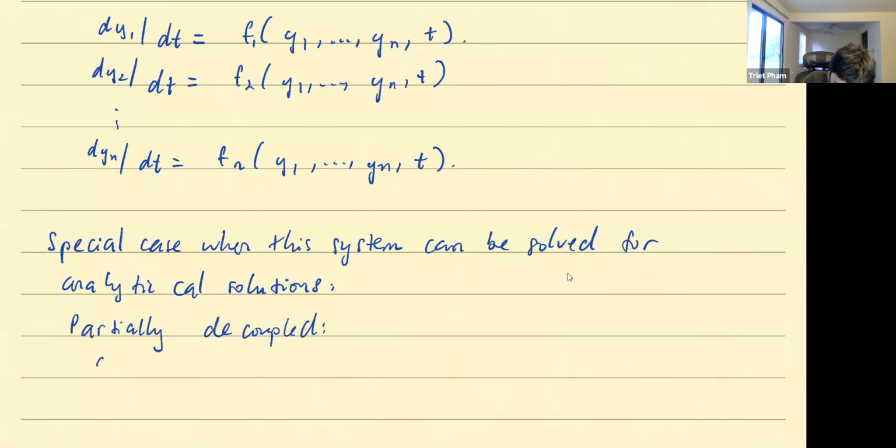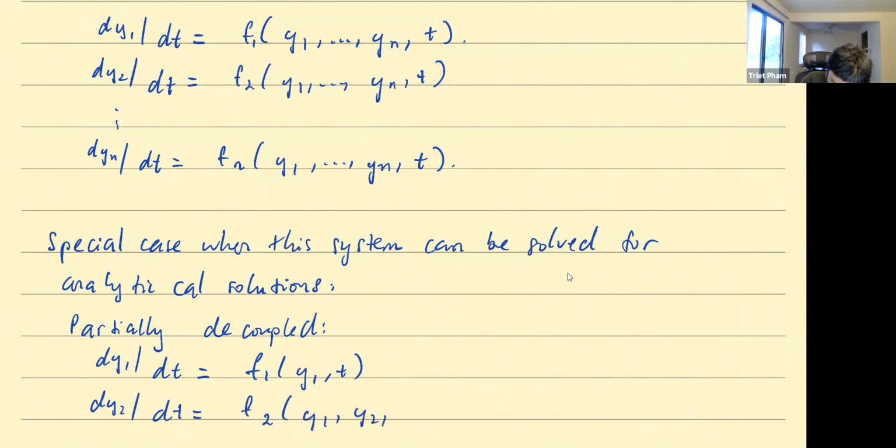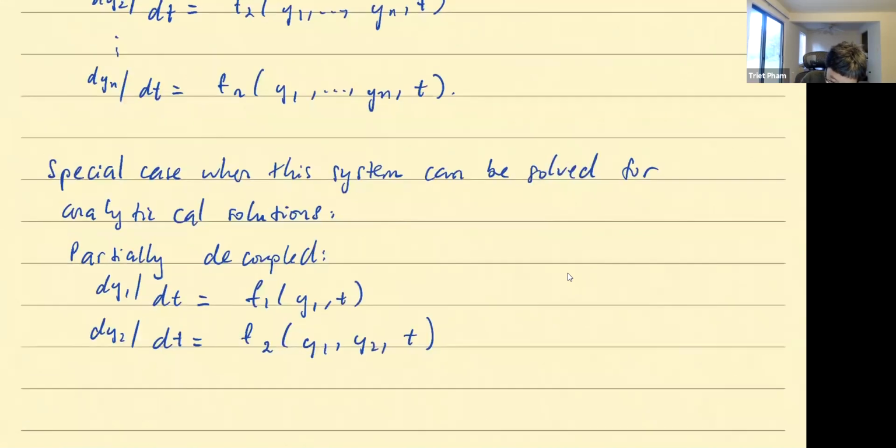If you go from top down, it doesn't have to be, it can be bottom up, or somewhere in between. But basically, the first one only depends on y1 and t. The second one depends on y1, y2, and t. And the third one depends on y1, y2, y3, and t, and so on and so forth.